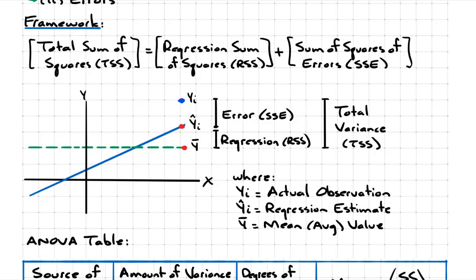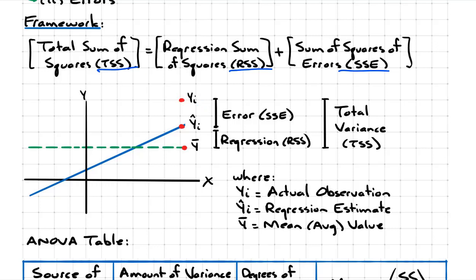And finally, the average value for y is represented by the green dashed line over here. Of course, there would be a lot of observations, some above the mean, some below the mean, but for simplicity, I've left out all those observations, and I'm just looking at one observation, because that's all we need in order to quantify these variables.